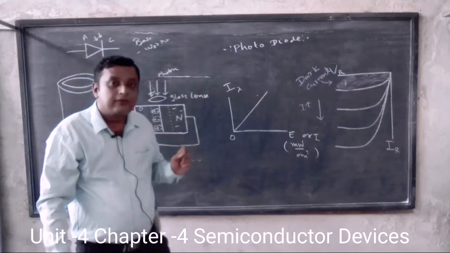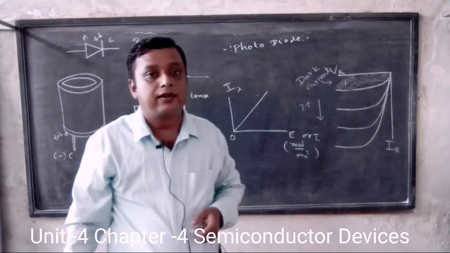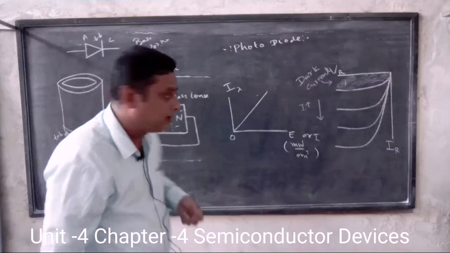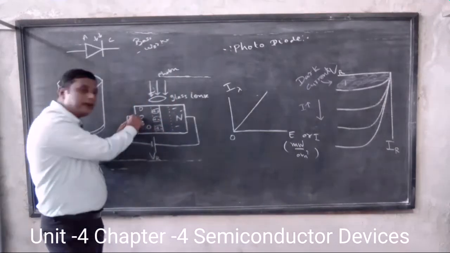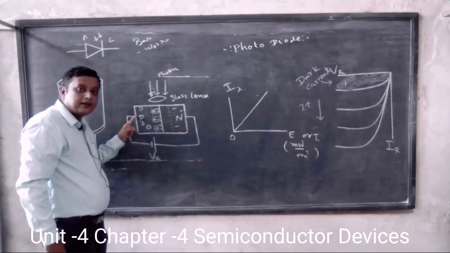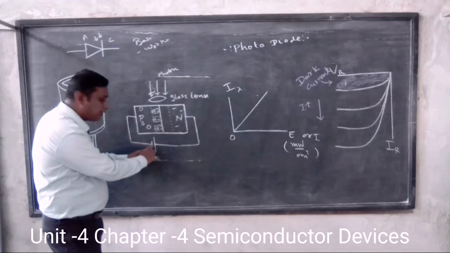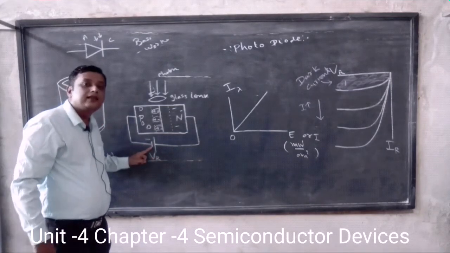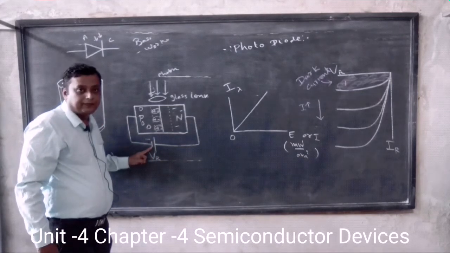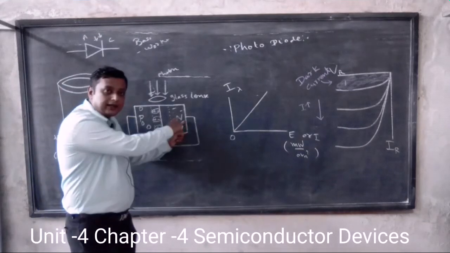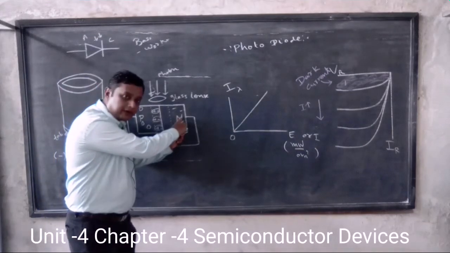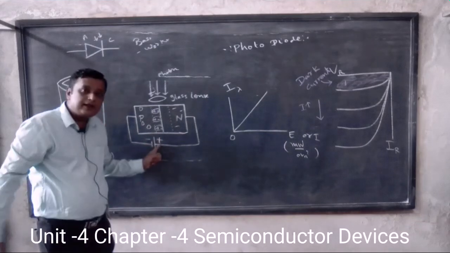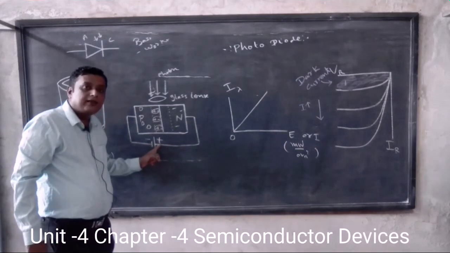Now I want to connect this photodiode under reverse bias. So the P-type semiconductor is connected with the negative terminal of the battery, and the N-type semiconducting material of the photodiode is connected with the positive terminal of the battery.